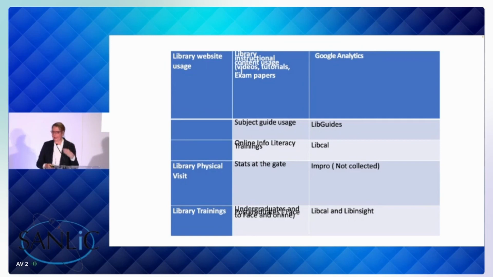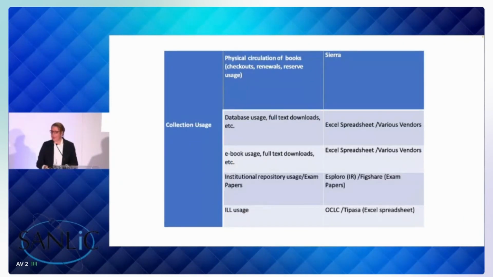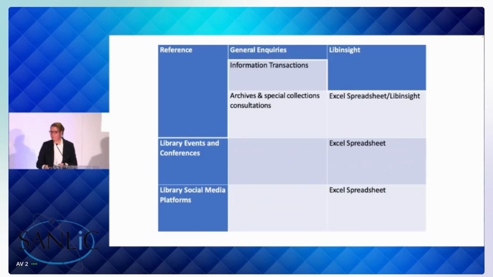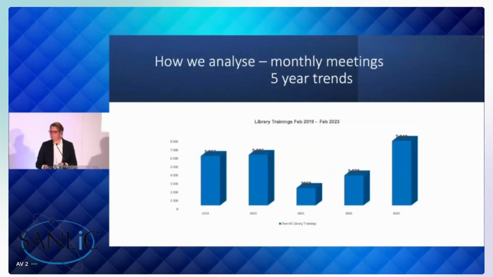Right, so this is just a quick overview of the things that we gather. But what I want you to look at is that we really use stats from our LibGuides, from LibCal, LibInsights, lots of things from Excel, stats from Explorer and Figshare, and more spreadsheets.